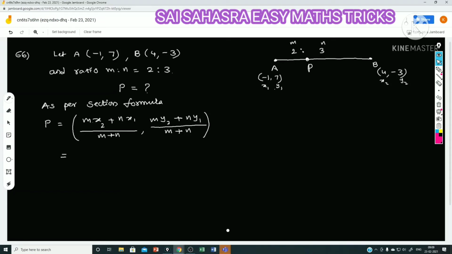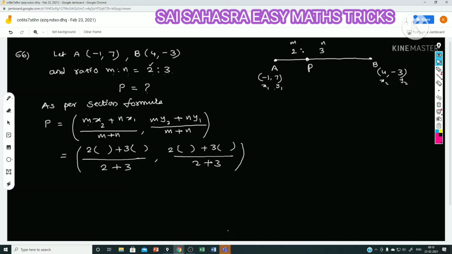Observe here, P point we need to find. Mx2, what is the value of m? M is 2. So 2 into x2 plus n value is what? 3. 3 into x1 by m plus n. M plus n means, tell me what is m plus n? 2 plus 3. And the next, m y2, m is 2 into y2 value plus n is 3 into y1 value by m plus n means 2 plus 3.